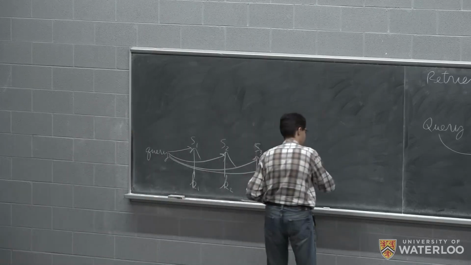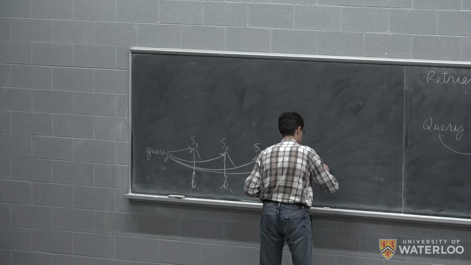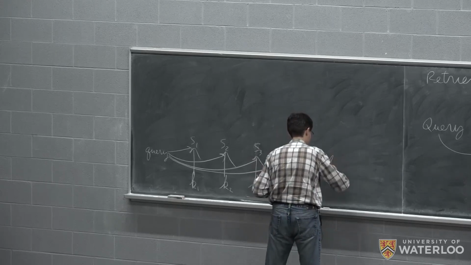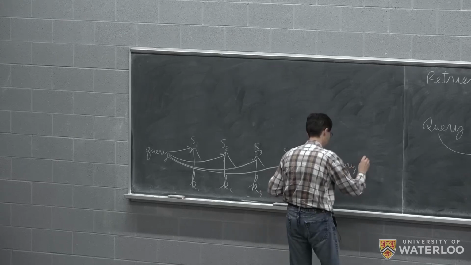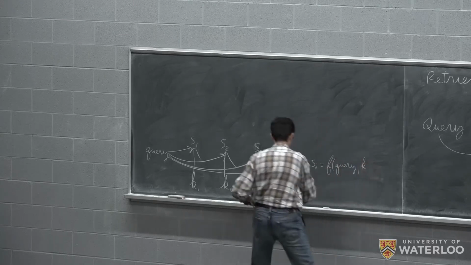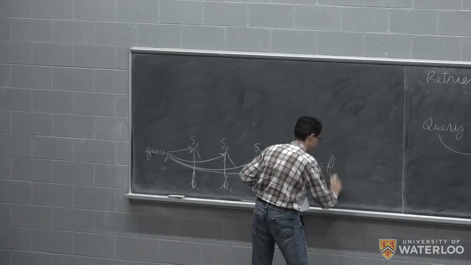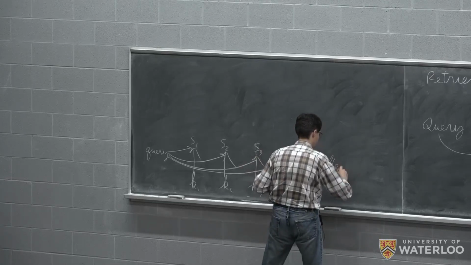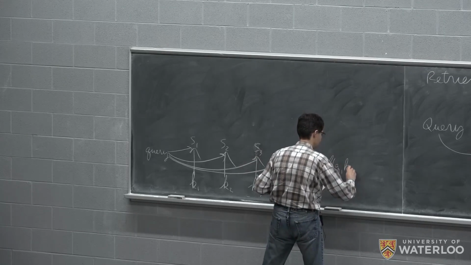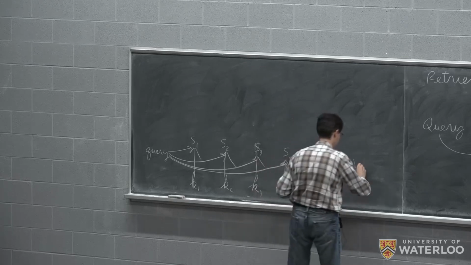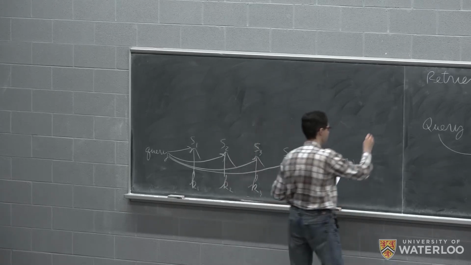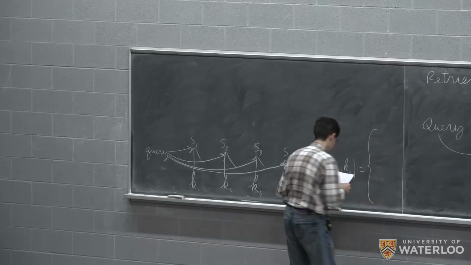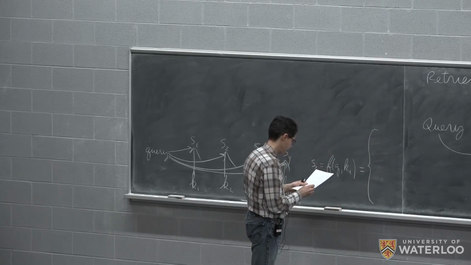Okay, so here Si is going to be equal to some function of the query Q and the key Ki. And now there's many functions that we could consider. So let me suggest a few.